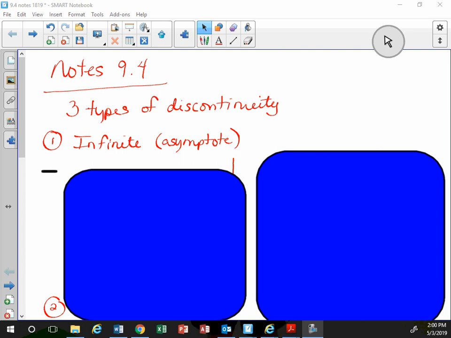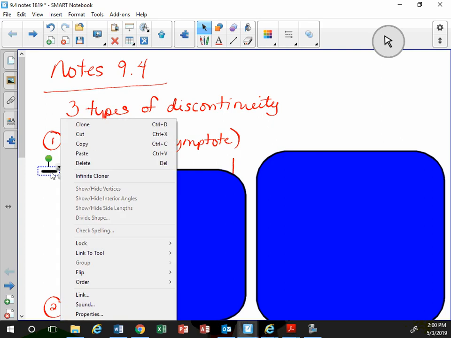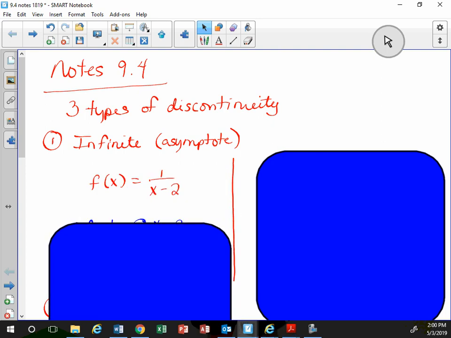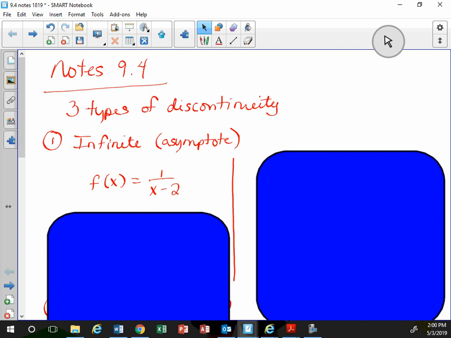All right, guys, so infinite, you know it as an asymptote. You can call it either of those things. You just need to be aware of both names. So algebraically, if I gave you f of x equals 1 over x minus 2, what can x not equal?